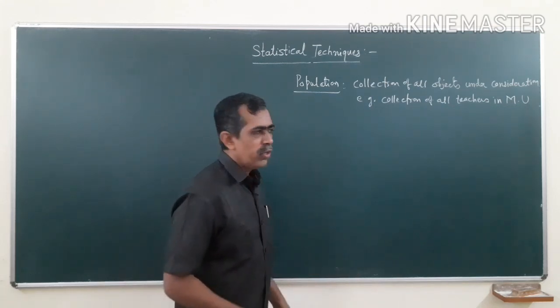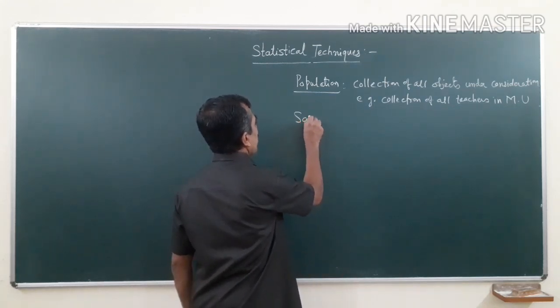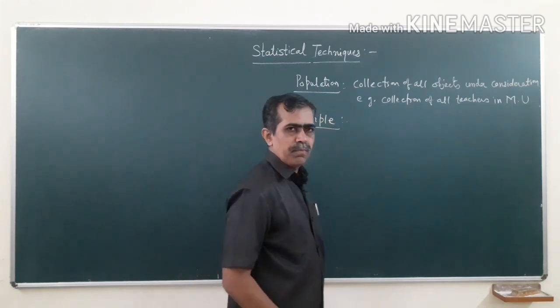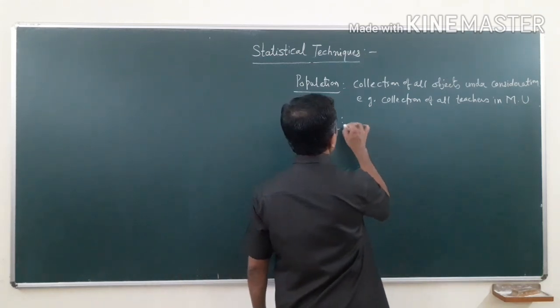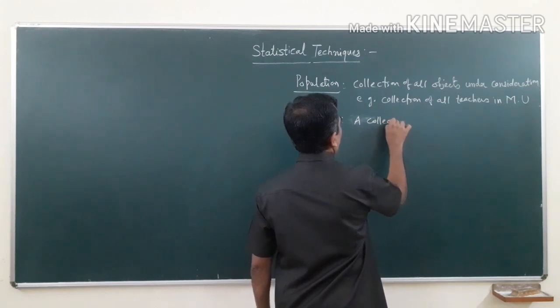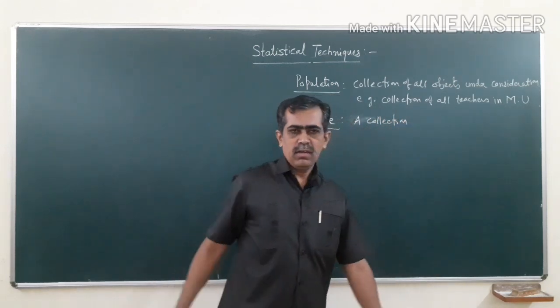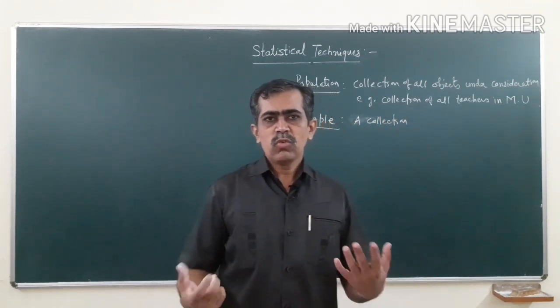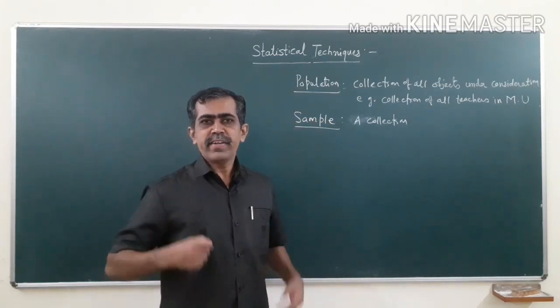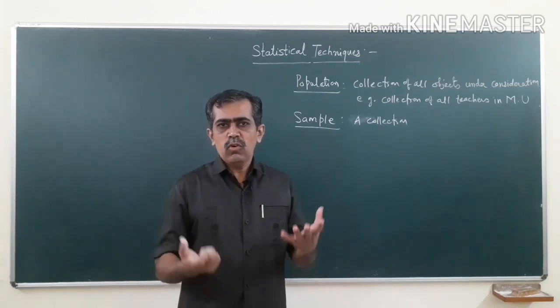So for that, we have to choose a sample. So, what is the sample? When we go to the market and suppose you want to purchase grapes, we select a sample, we test it, and then we decide the quality of the whole lot.